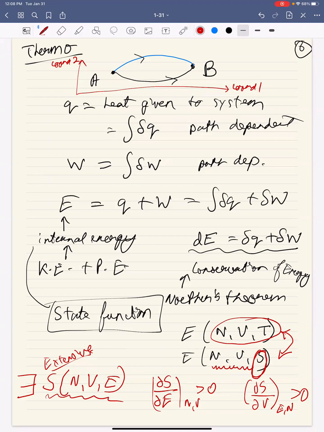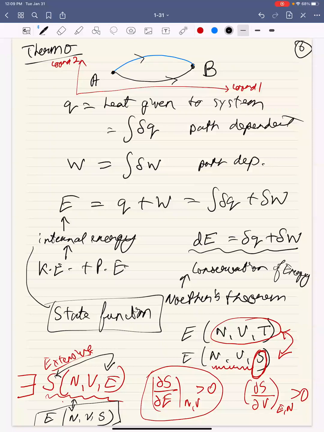The fact that the first derivative with respect to energy is positive means that S and E monotonically depend on each other. As you change E, S increases. This means we can swap these two out, and we can write things as E of NVS, and they are going to be equivalent because the partial derivative is positive. That's why E of NVS is thermodynamically complete.